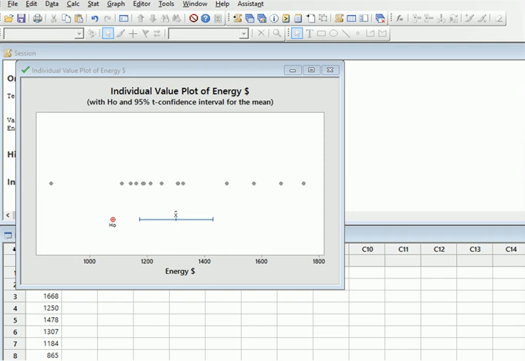So here is the h0 and here is the mean, and your value was over here at 1080. This was smaller than your mean, and the h0 was 1080. So basically the mean is greater than the hypothesis value which you have given.